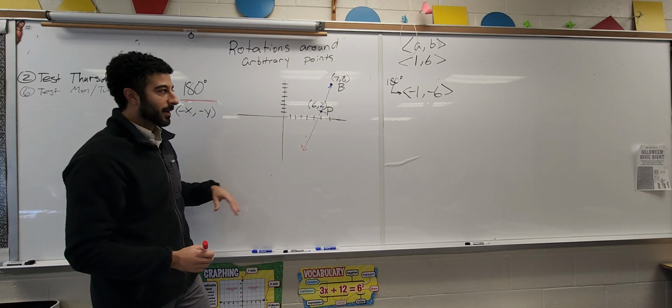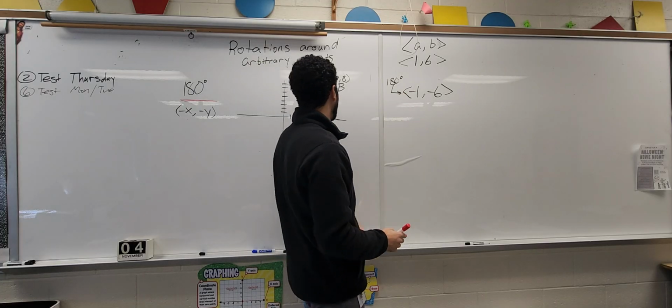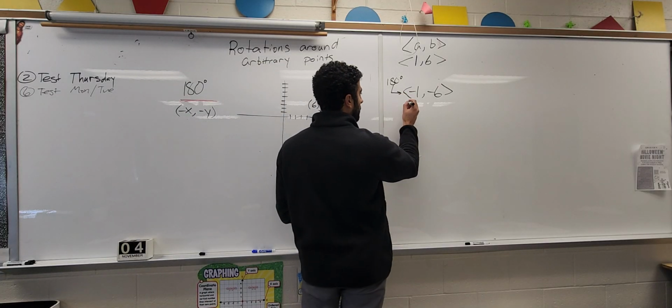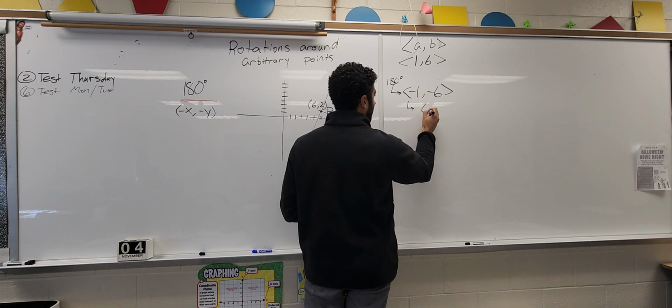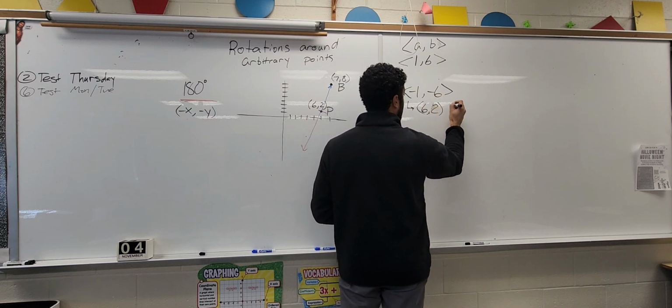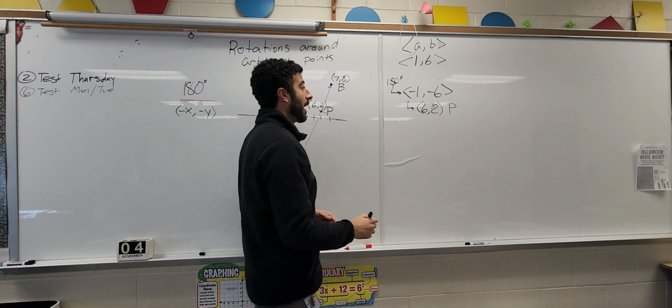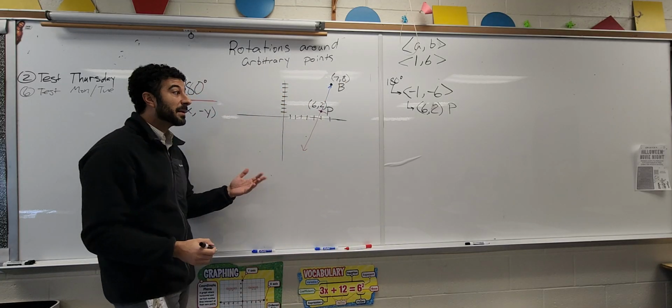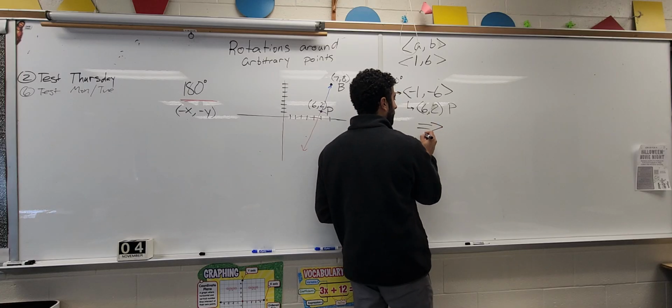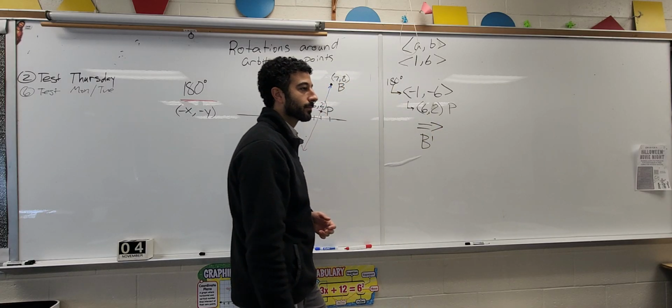All right, so I'm going to take this vector and apply it to our point P, 6, 2. And that will give us where B prime should be.